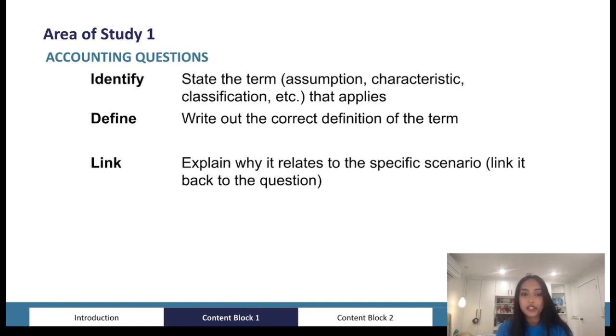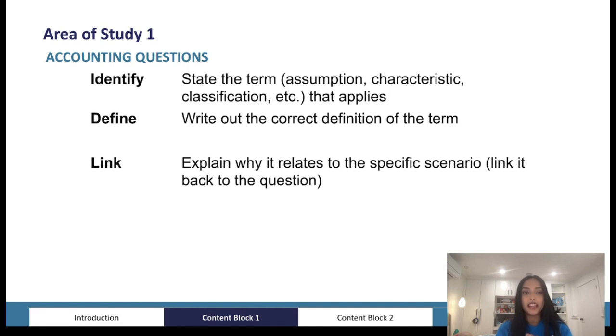First of all, if the question is asking us to identify a specific term, for example, how do we classify cash at bank? What that question is asking you to identify is the term, so the classification. In that case, it would be a current asset, right?